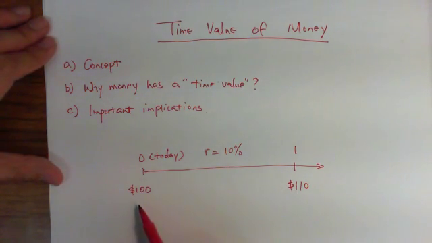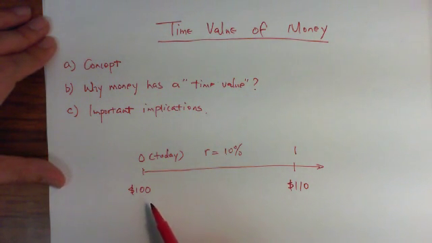Now, with $100, the owner can use the money to buy valuable things, to enjoy, to consume the merchandise, the goods, services. So this $100 will bring some kind of satisfaction. Now, suppose the owner decides to invest the money. By investing, we mean the owner is going to give the money to another investor, the user of the money.